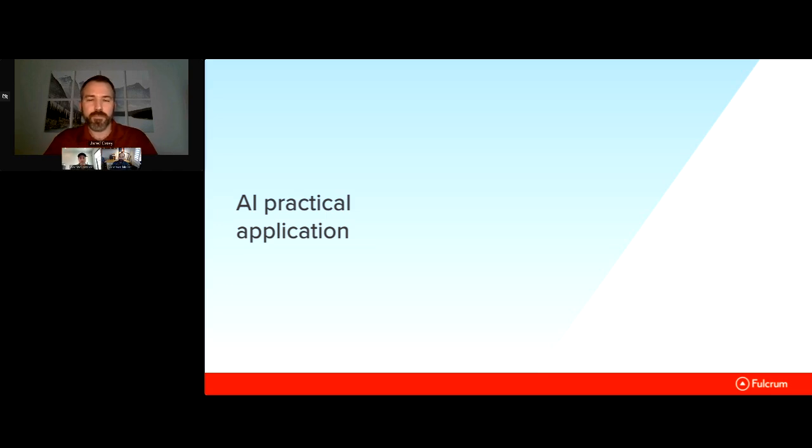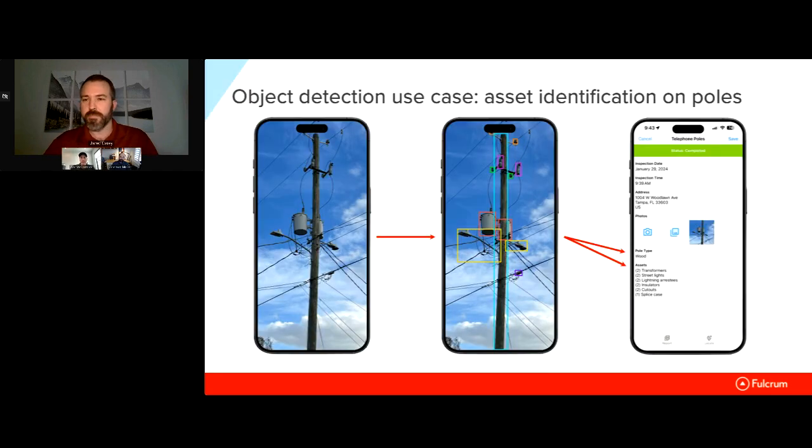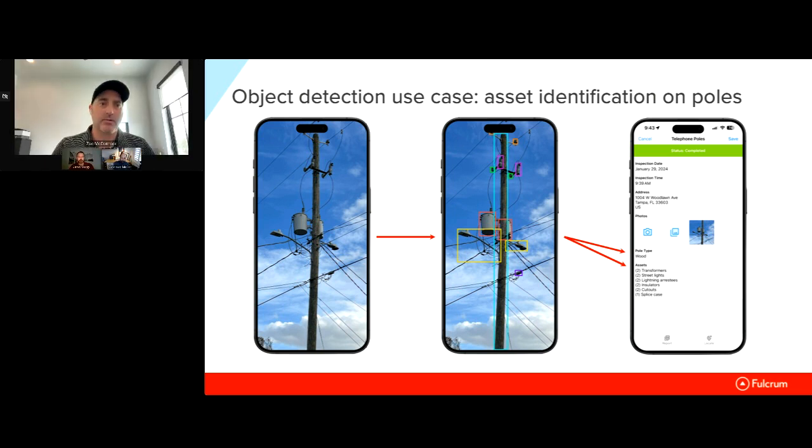Excellent. So I had mentioned that we had started with a couple of primary use cases, and here we're looking at the first one, the object detection use case, doing asset identification.